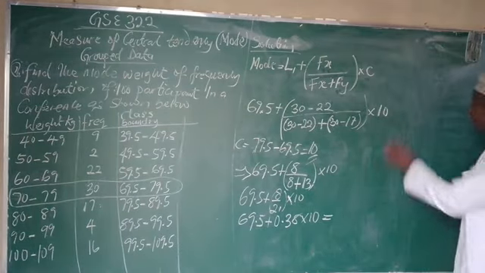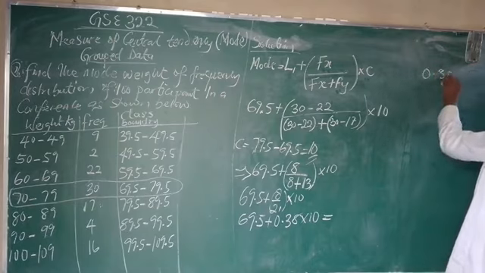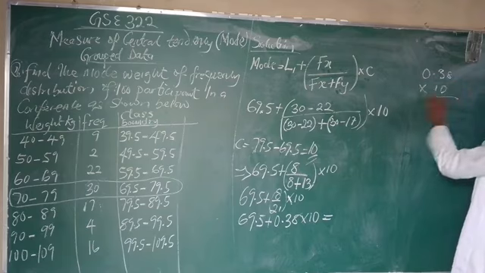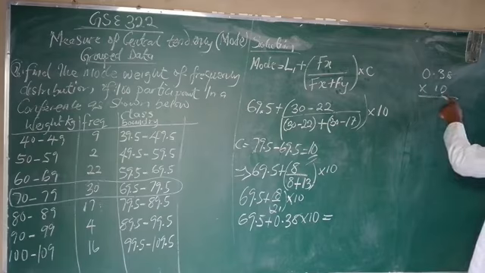So very simple. Let's do it sharply here. 0.38 times 10. Very simple. We take this one first.